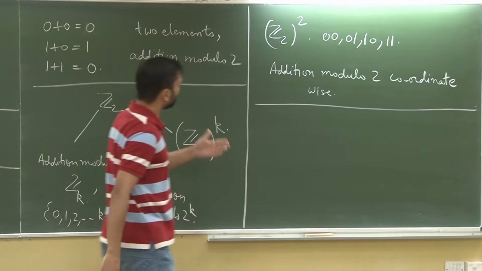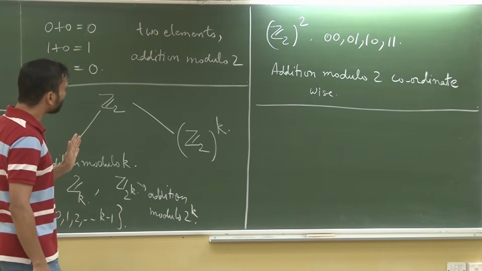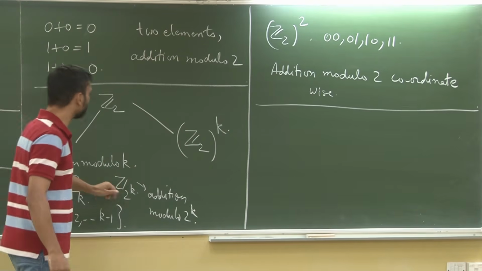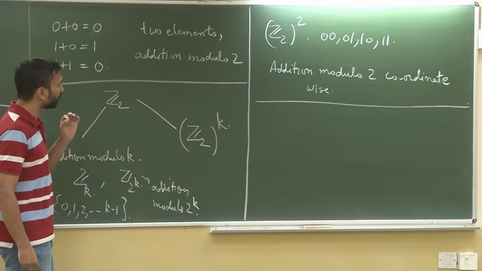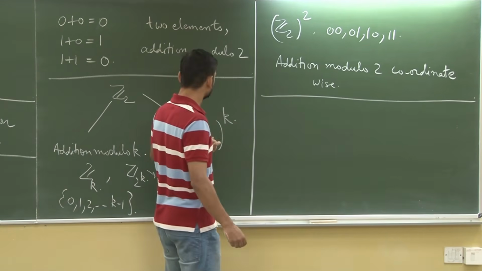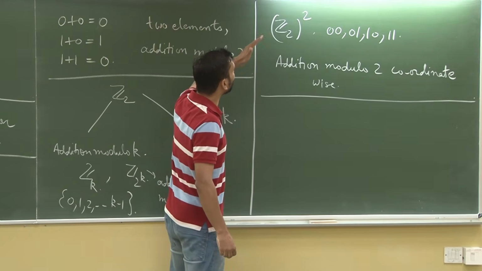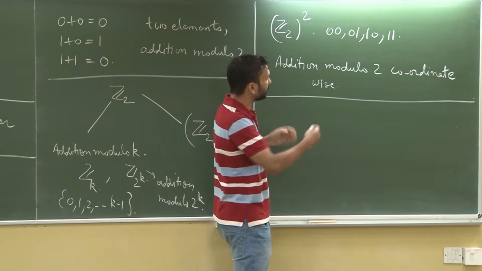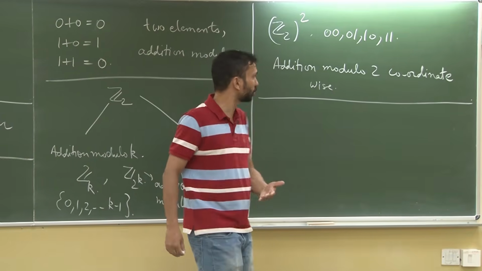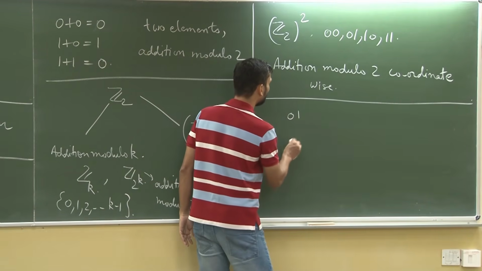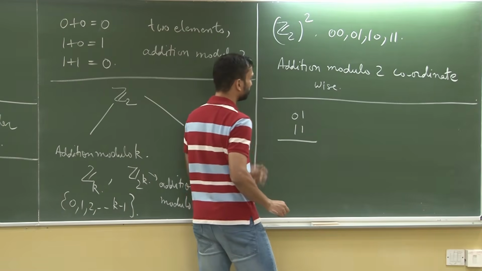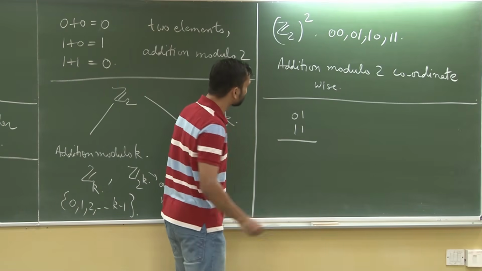Yes, so this group is, even though the number of elements are the same and the notation is also similar, they are very, very different because the operation is very different. Z2 to the power k is going to have k coordinates, and we are going to have addition modulo 2 as the operation on each coordinate. What it means is, suppose I want to apply the group operation on these two.